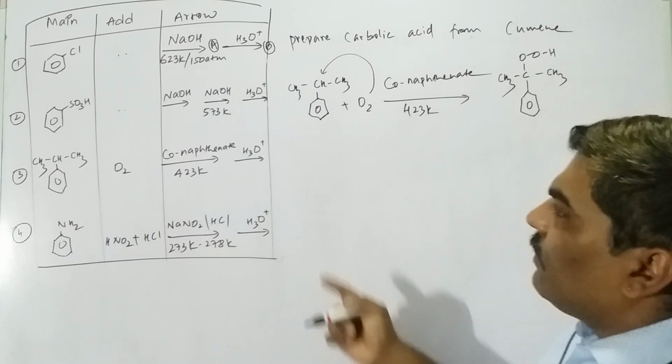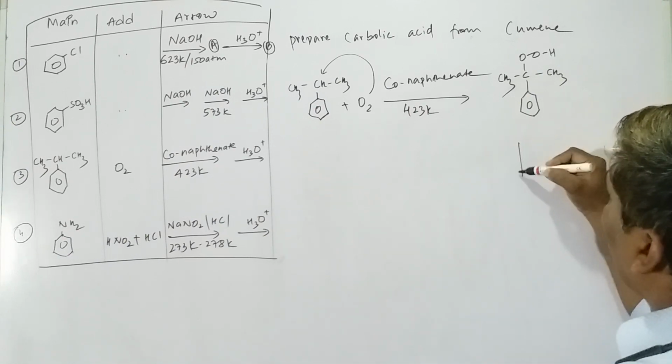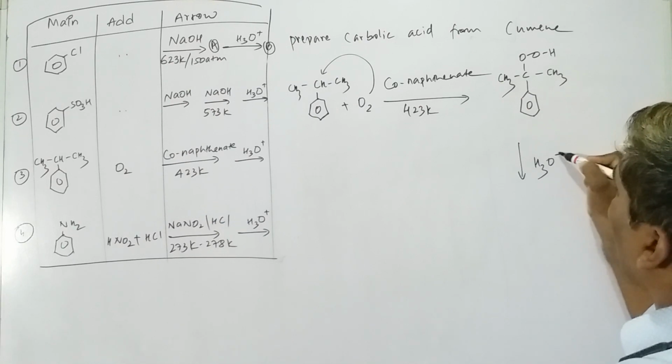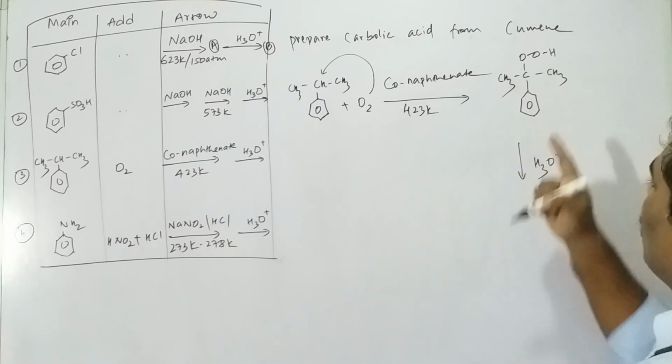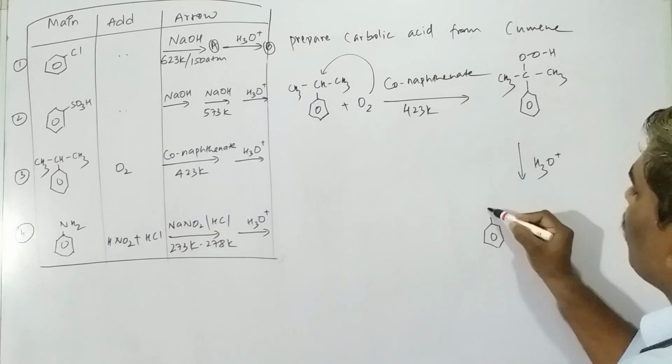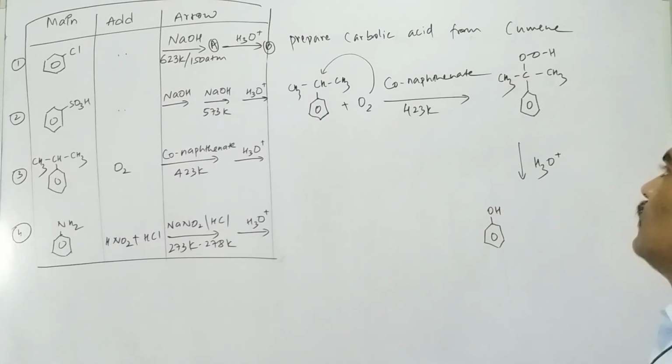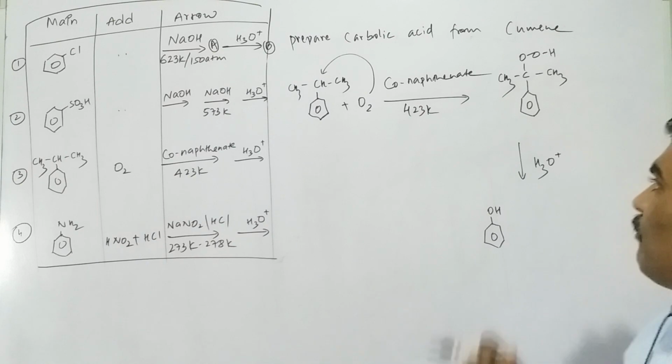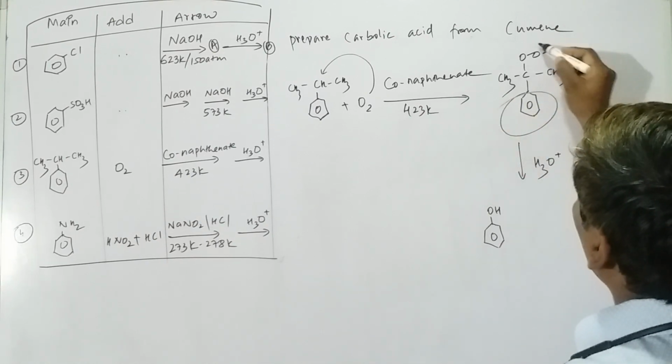Actually, directly you can write acid hydrolysis here, no need to go for a next arrow. After this acid hydrolysis, you will get your phenol. Phenol is this, benzene and OH.